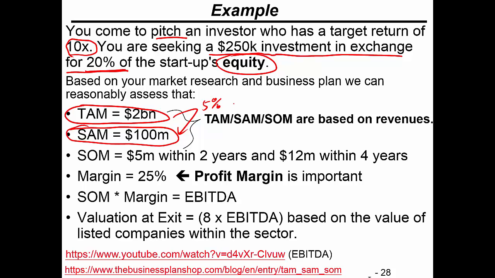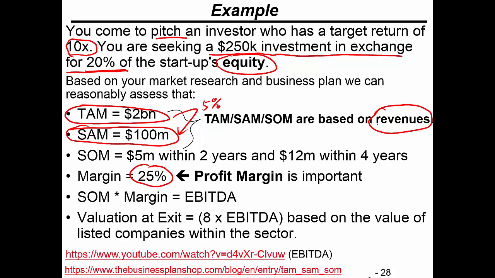Assuming your profit margin is 25%. Remember, all the estimation of TAM, SAM, and SOM are really based on the revenue. Okay, they're not the profit. So here, we assume you can estimate your profit margin at the beginning. Sometimes it's hard to do so. The margin is 25%.